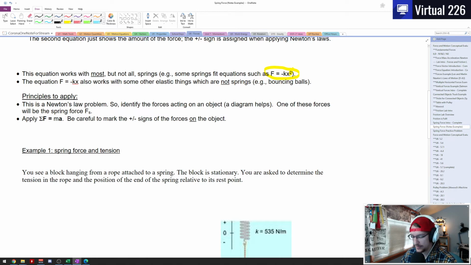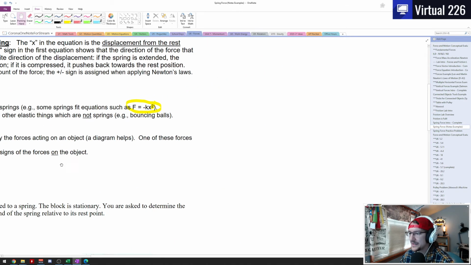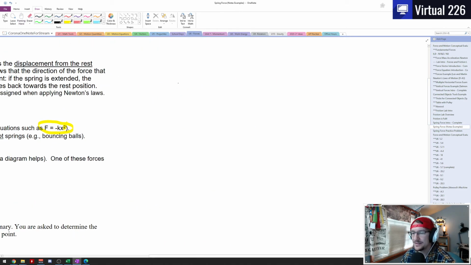Now, one of the weird things that always throws people for a bit of a loop is why is there a negative in the equation? The spring force equation is minus kx. And the reason there's a minus here is because a spring force is what is known as a restoring force.